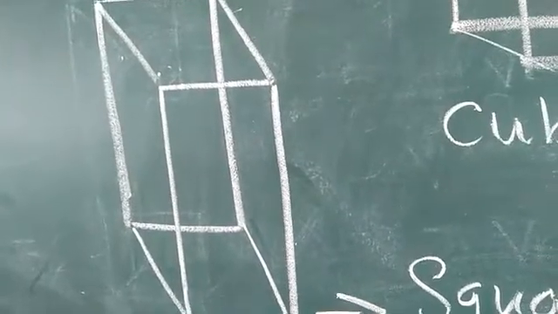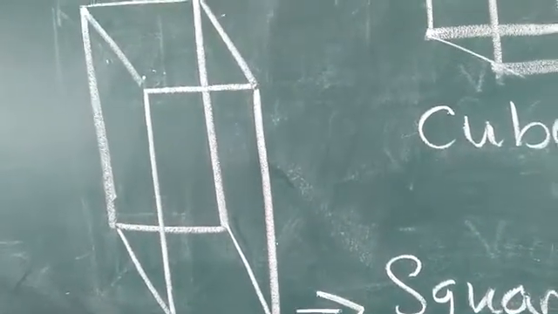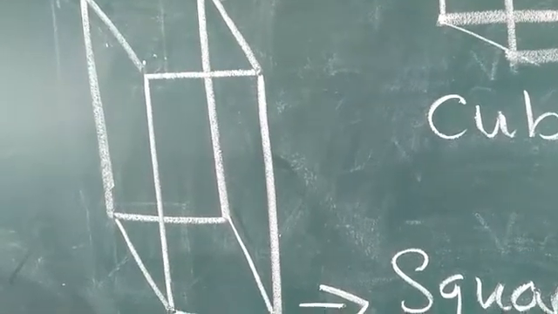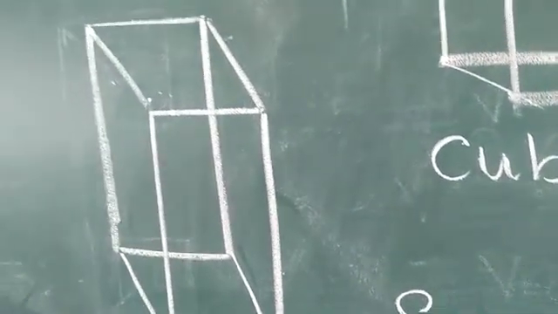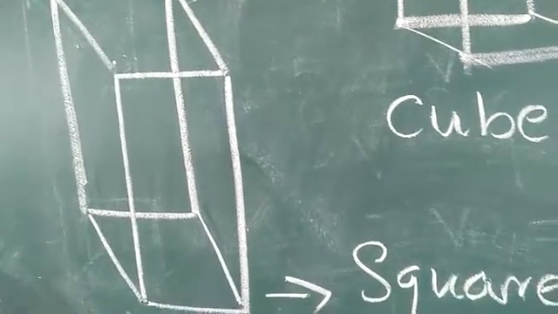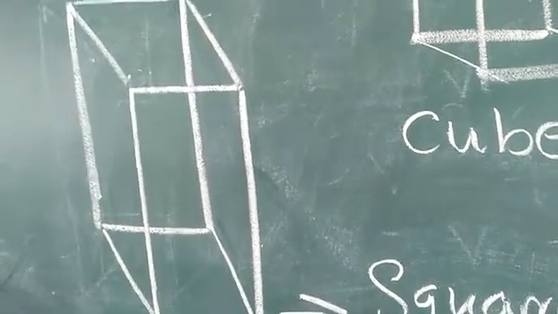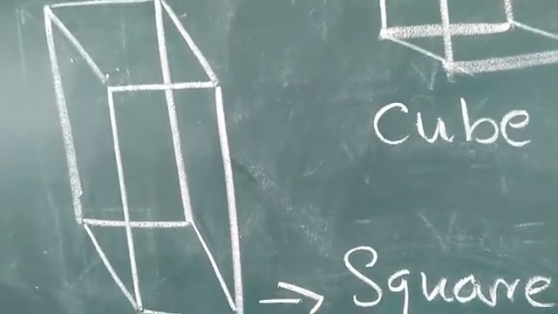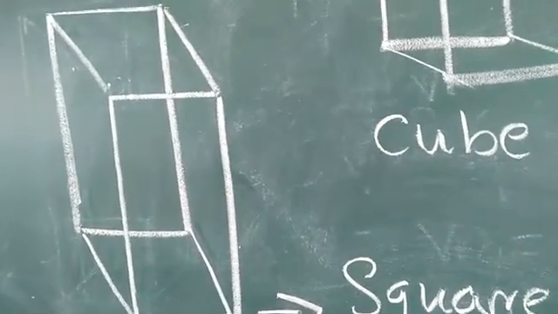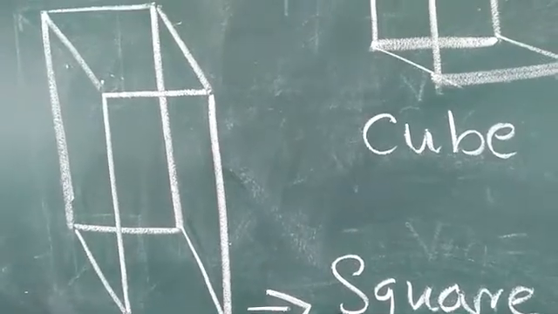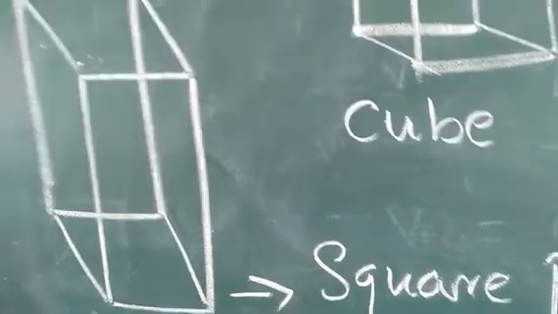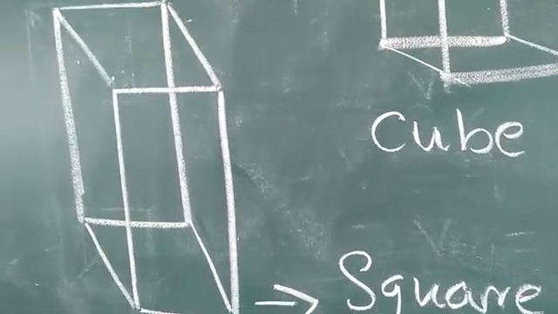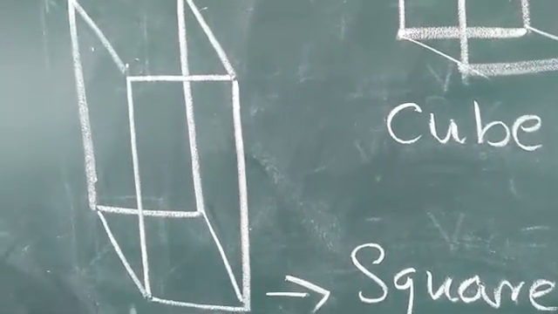But in the case of a square prism, the height will not be equal to its length and breadth. So, we can say that a square prism is not the same as a cube. Sometimes square prisms may be in the shape of cuboids. Like this, it may be a cuboid. Okay, so cube and square prism are not similar.